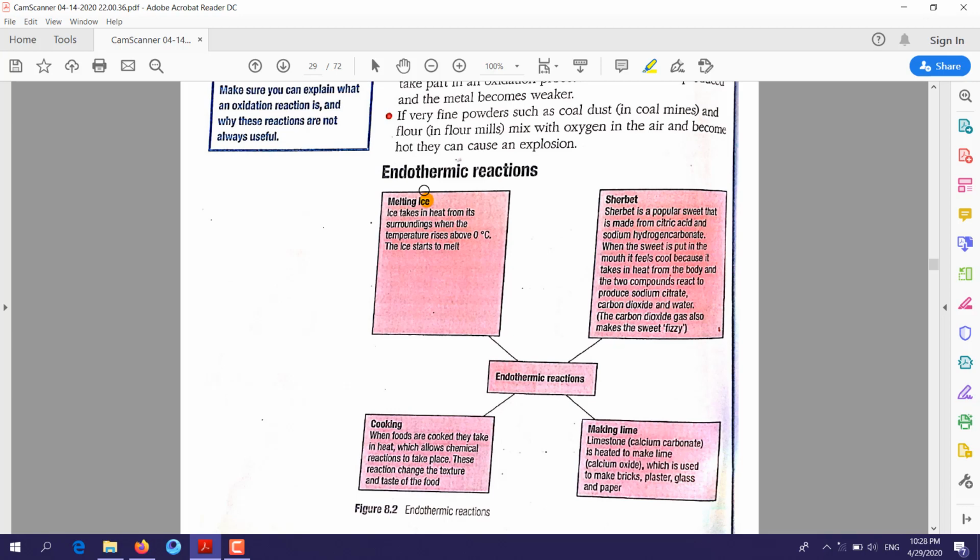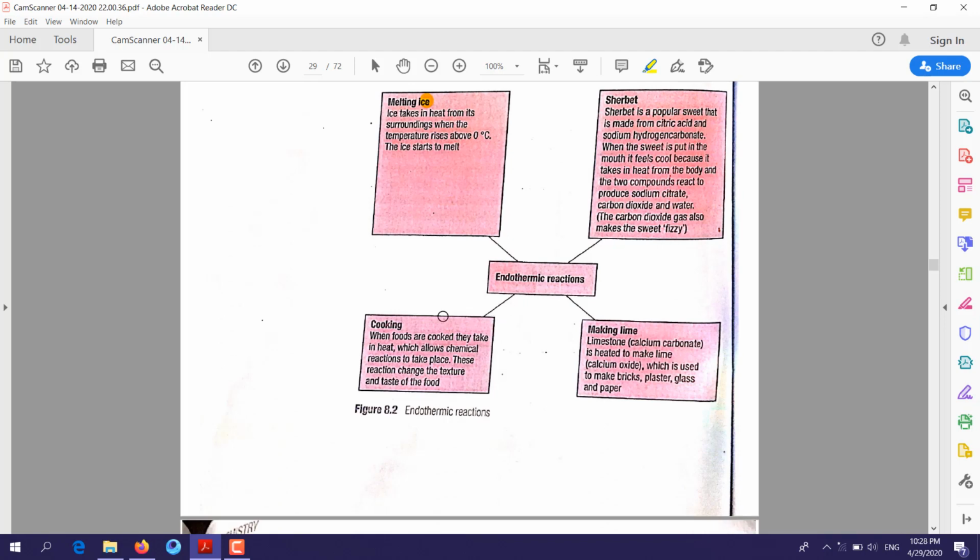But if the temperature increases above 0, the ice will start melting. This is an example of an endothermic reaction, because the ice takes energy, takes heat from the surrounding environment, and starts to melt.